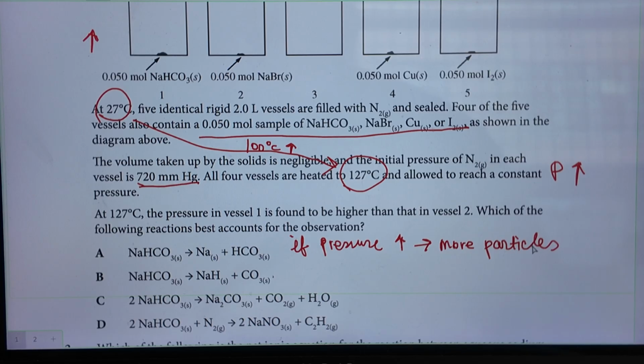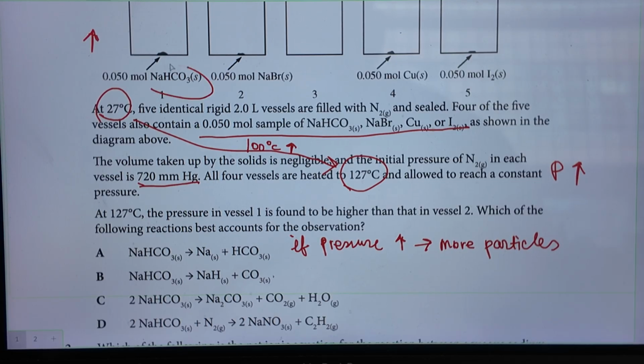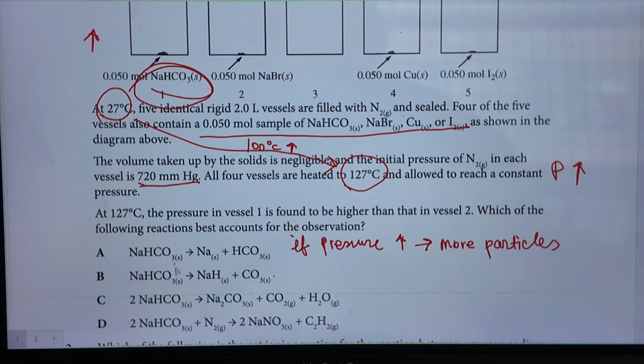So we have to find which of these answer choices breaks down, right? Because first of all, we have to make sure we start out with this, right? NaHCO3. In all the cases we do. And so in this one, what happens is this doesn't break down into gas. This one has to break down into gas.